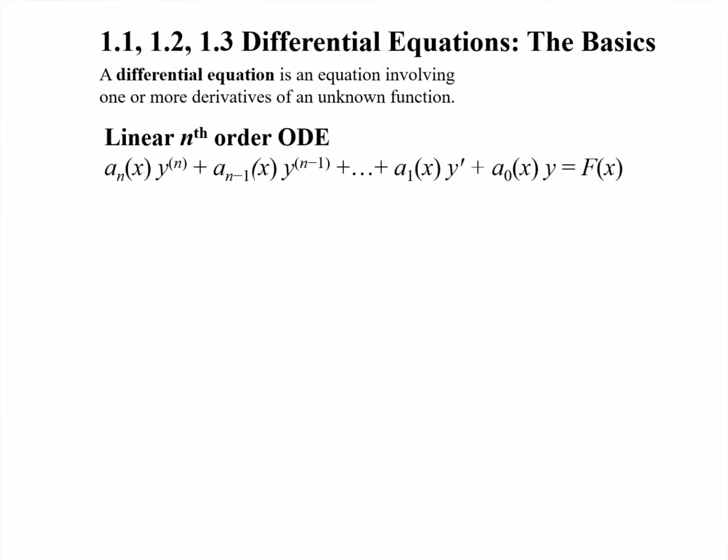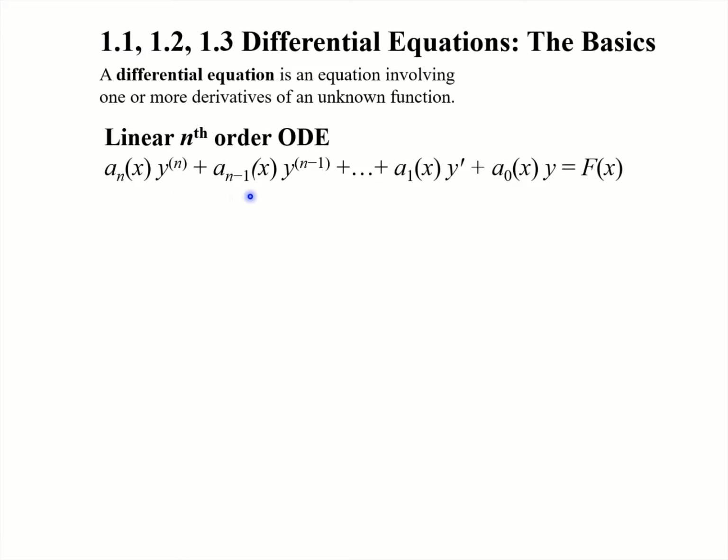A linear nth order ODE. So what is that? Well, that's what it looks like. A sub n of x, that's like a function of x. It does not have any y's in it, so it could be like sine x. That notation right there, that's the nth derivative.